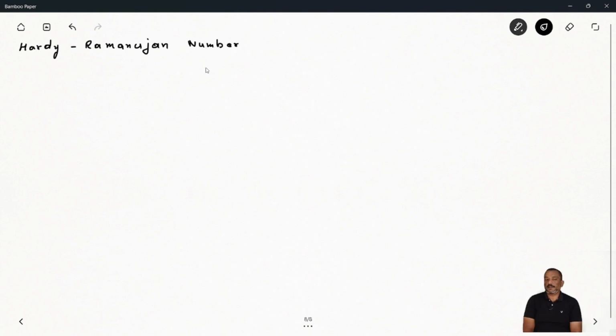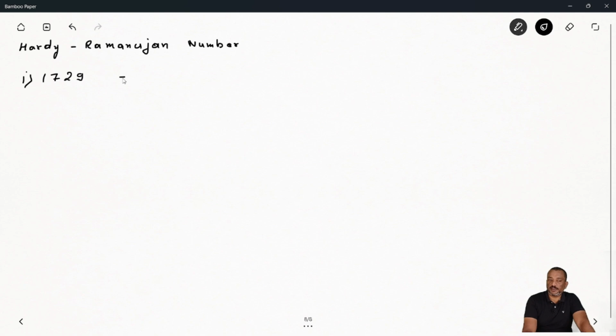Let us understand what this is. It says any number that can be expressed as the sum of two cubes in two different ways. He discovered this number, 1729. That is the first one he has given.